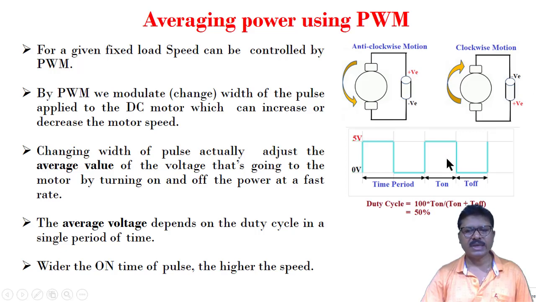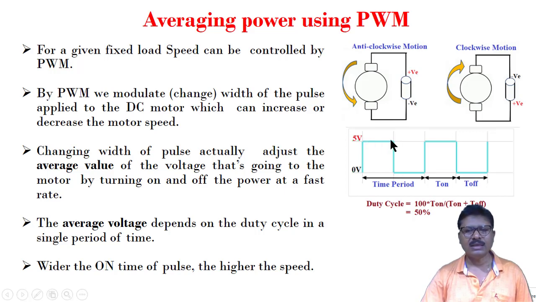If the on time is equal to the off time, then the average power will be 50%. If the on time is higher than the off time, then the average power is higher than 50%. If the on time is lower than the off time, then the average power is lower than 50%.